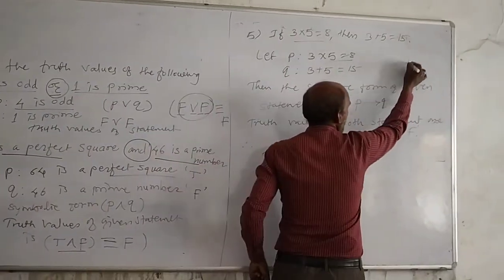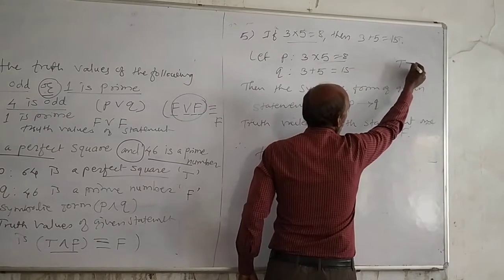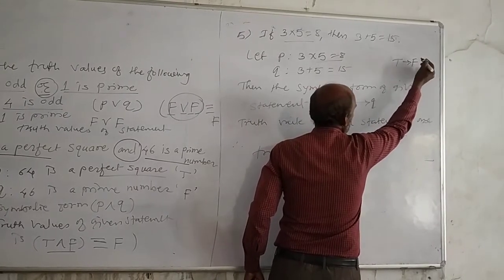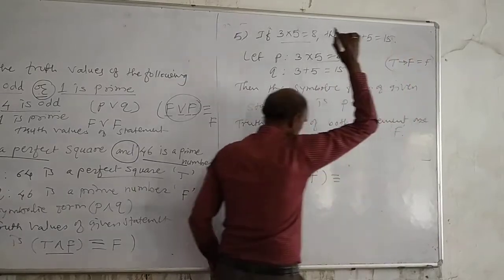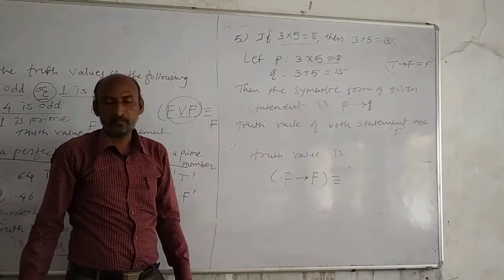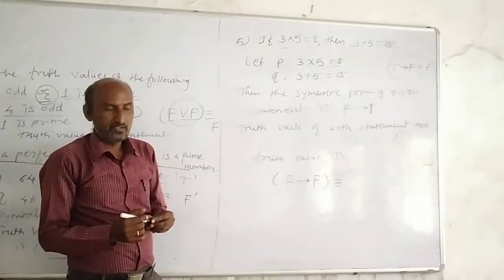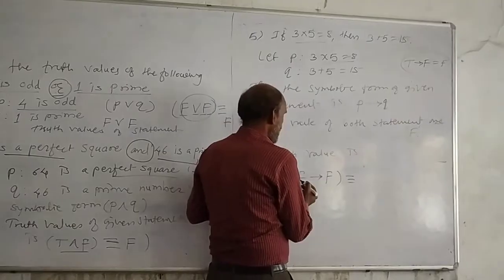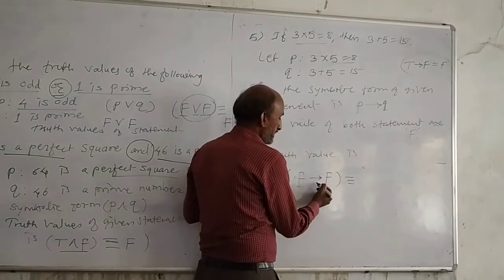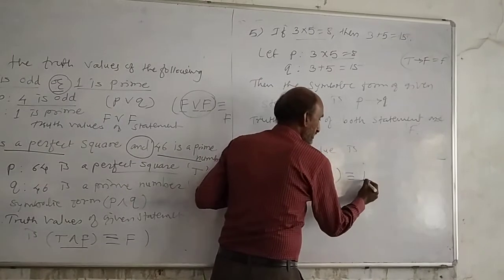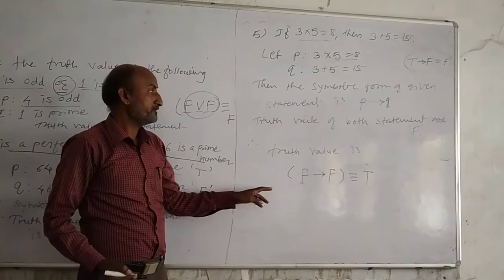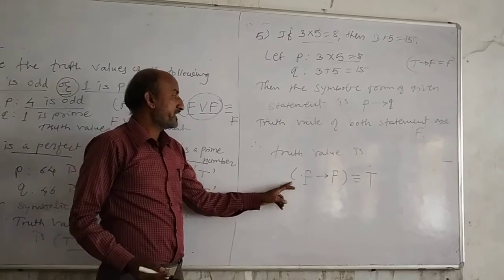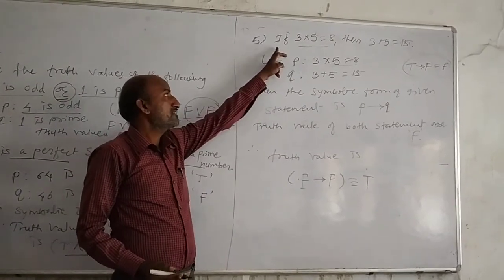Suppose one statement is true and the second statement is false, then it is false, remaining are true. Then the first statement implies the second statement, the truth value is true. Getting? This is the explanation of this particular statement.